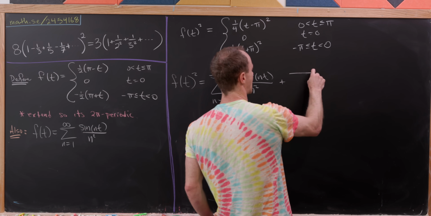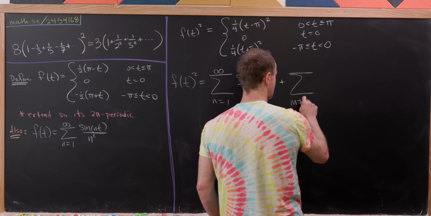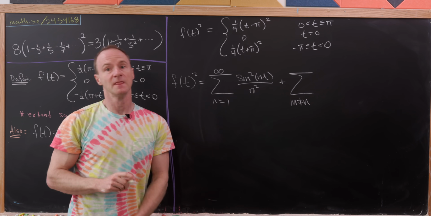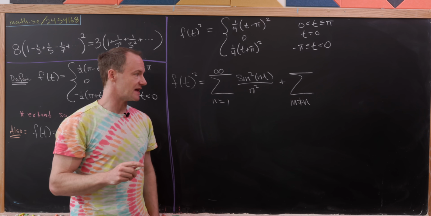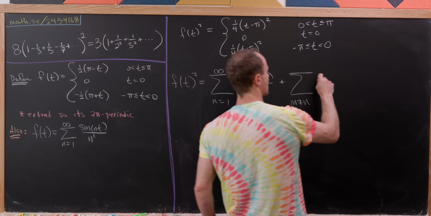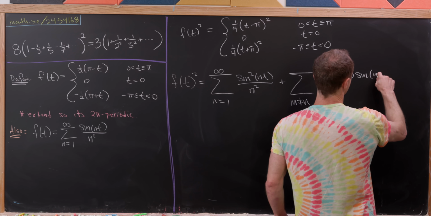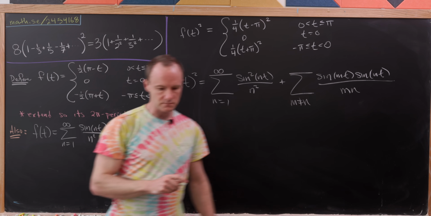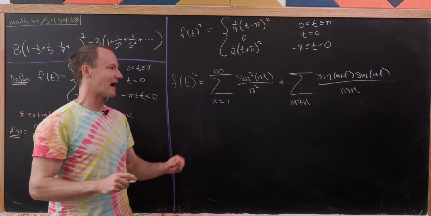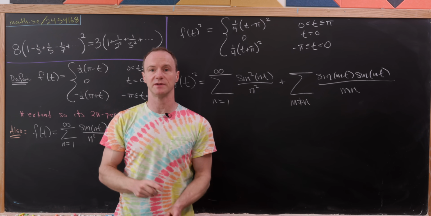We also have the off-diagonal terms, which I'll summarize as the sum where m is not equal to n, both going from 1 to infinity, of sine of mt times sine of nt over m times n. Okay, so now that we've got that written down, let's put that over here to the left, and then we'll do the last couple of steps.